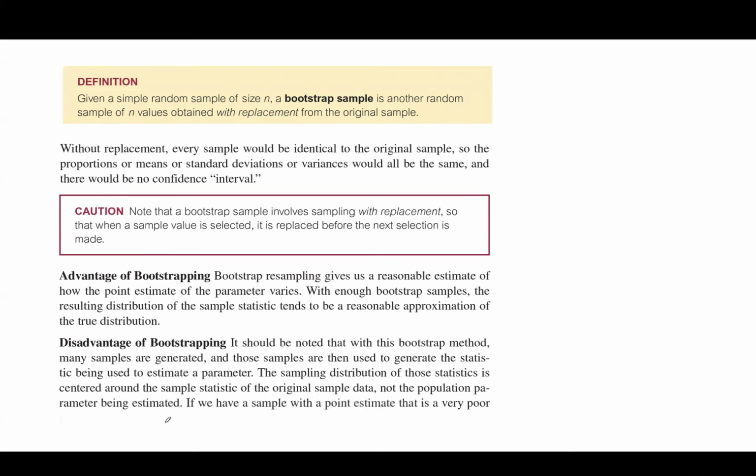So if we have a sample with a point estimate that is a very poor estimate of the population parameter, the bootstrap method will not make that point estimate any better. So be careful about the disadvantage of the bootstrapping method.